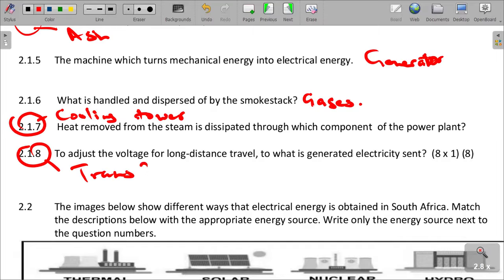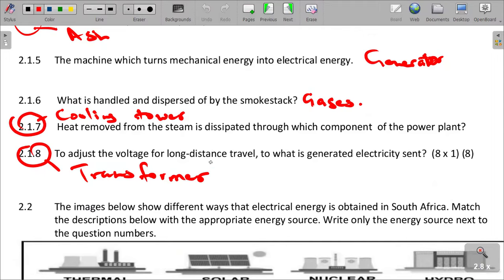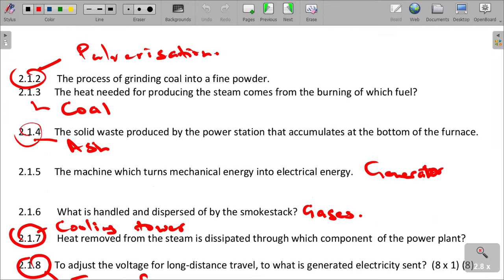The transformer adjusts the voltage for long distance travel. It ensures that the electricity is sent properly. So this is also some bonus marks that you should just get.